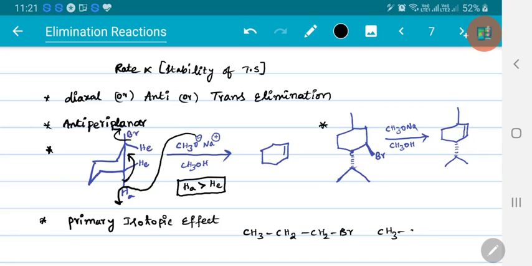Instead of hydrogens, if I take deuteriums, CH3, CD2, CH2Br, now here at the beta positions there are deuteriums. Therefore, cleavage of the CD bond is difficult compared to the CH bond. So the rate of reaction will be higher here in E2. In E2, elimination occurs more readily in the first reactant compared to the second one.